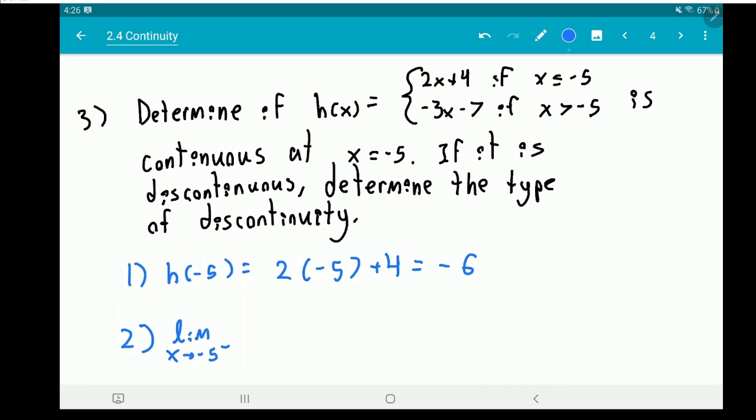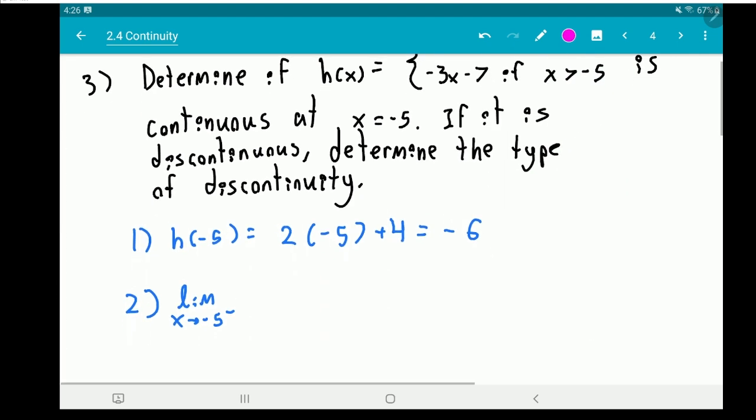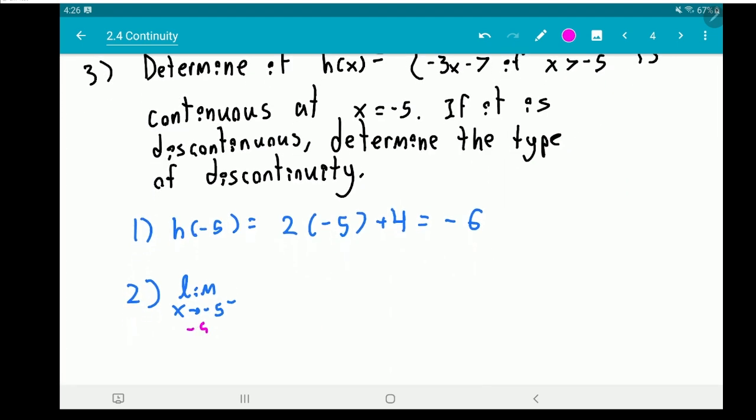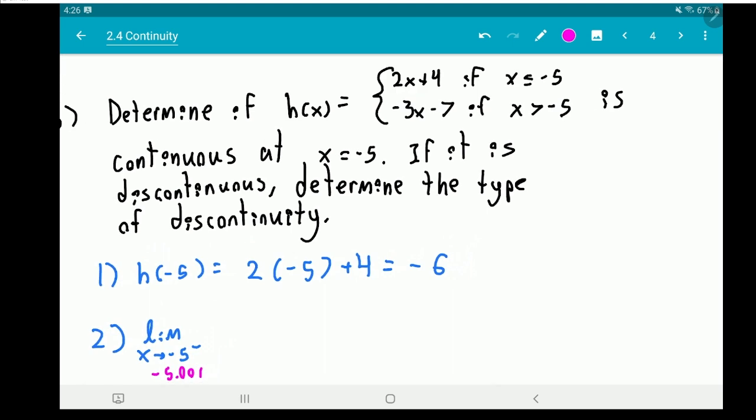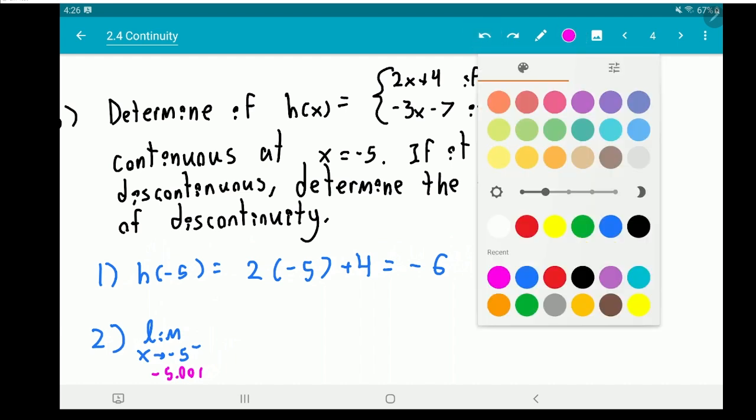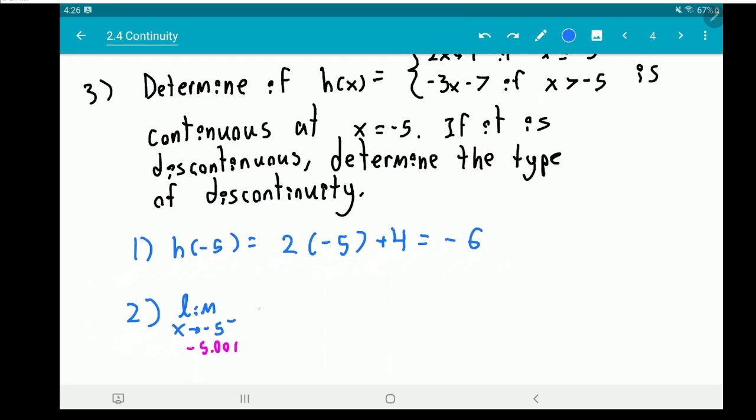Well, from the minus side, as I think about it, I'm plugging in something a tad bit smaller, something like minus 5.001 is how I'm imagining it. That corresponds with this top row. And so we get a repeat of what we already wrote. h of x is 2 times minus 5 plus 4, which is minus 6.